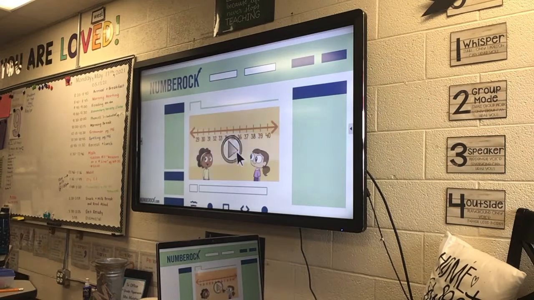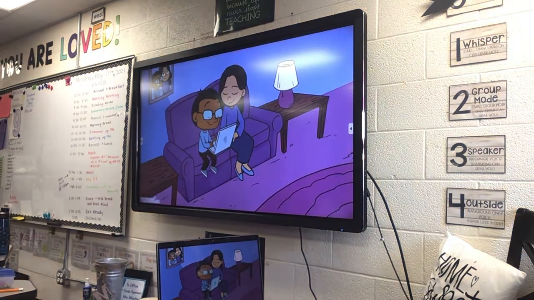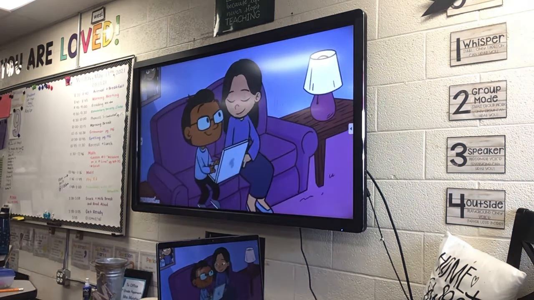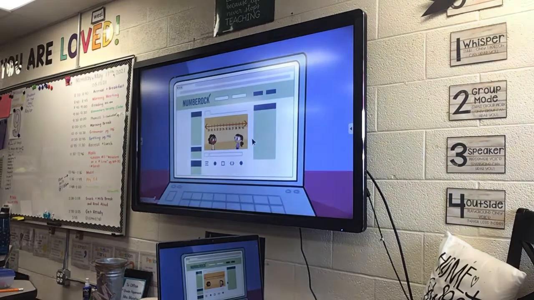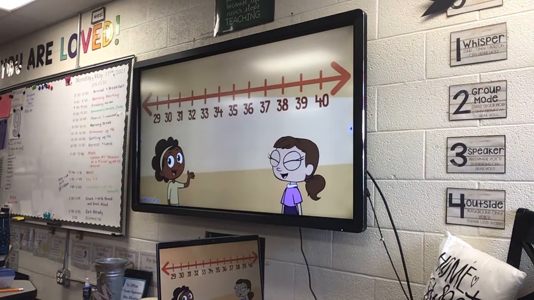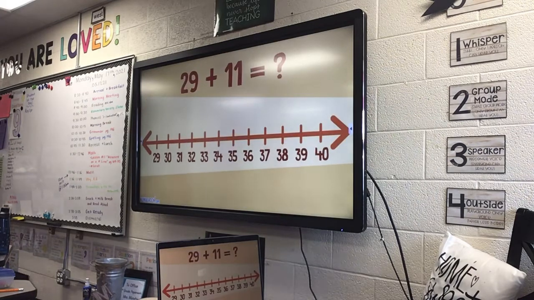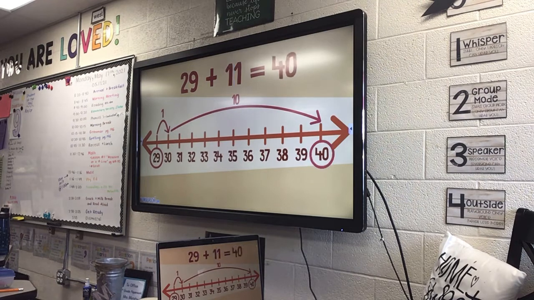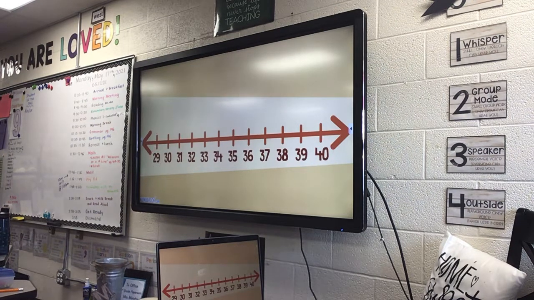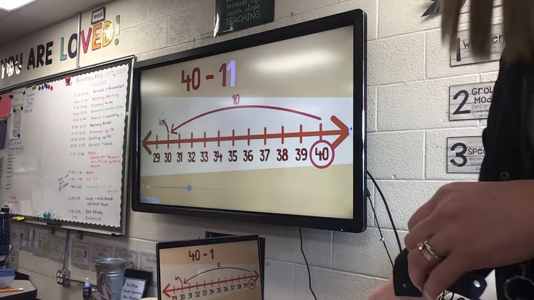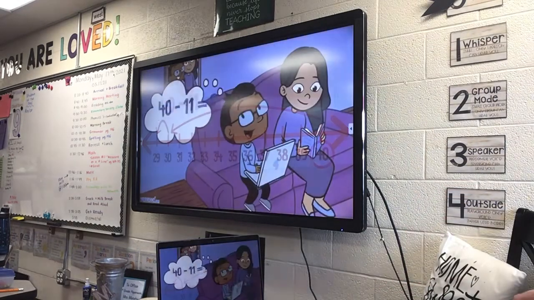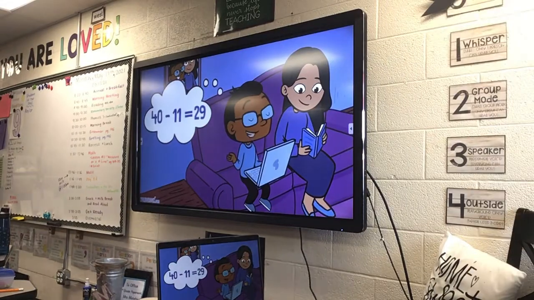They pick a song about number line skills, a place that thrills, and Rob's mom says, This is chill. We can jump forward on number lines, solve problems with addition signs. Let's add 11 to 29, jump 1 and then 10. 40's the sum we'll find. And we can subtract 11 to rewind, which will take us back to 29.